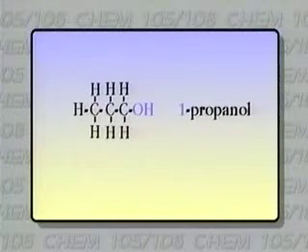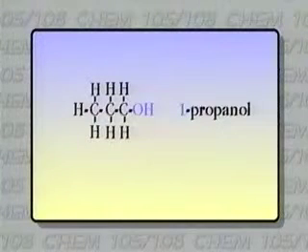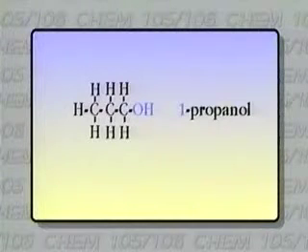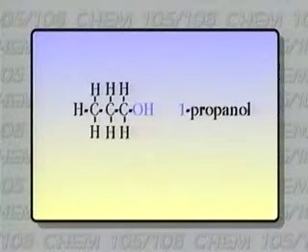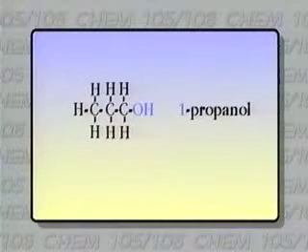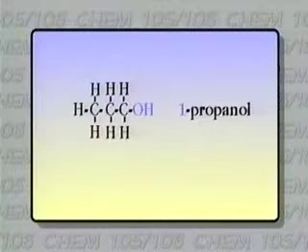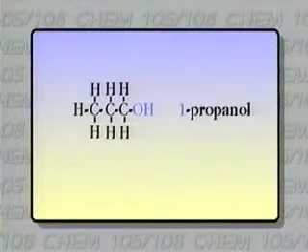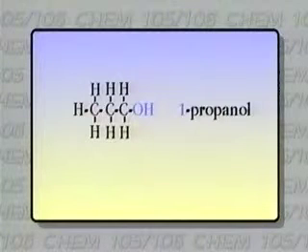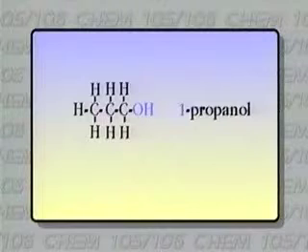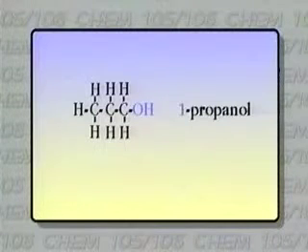Remember, we talked about isomers in chapter 2, and we can have 2 types of isomers for that particular chemical formula. So if we take a look here, we can have 1-propanol and 2-propanol. Notice that the number 1 means that we have the alcohol on the number 1 carbon in the chain. Doesn't make any difference, either end is the number 1.